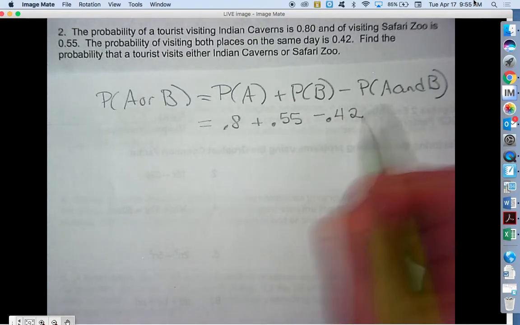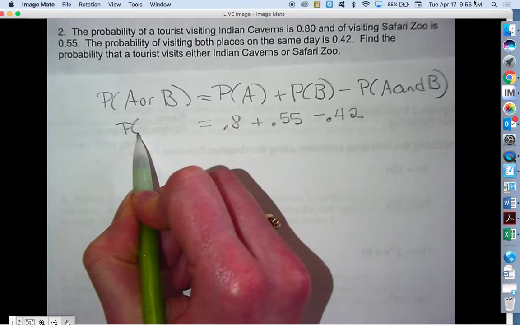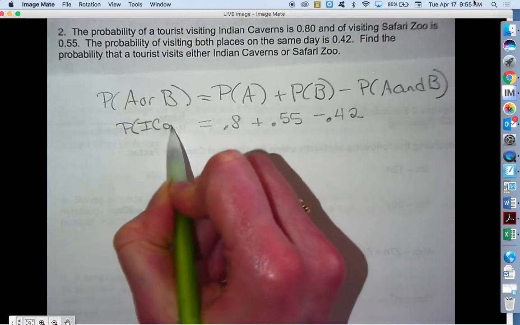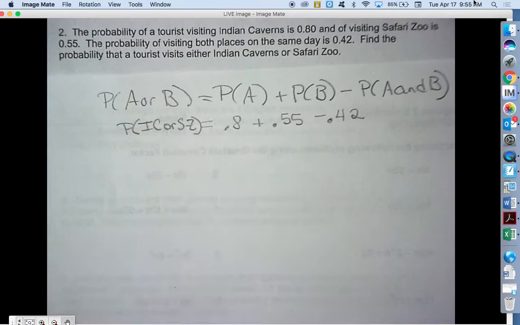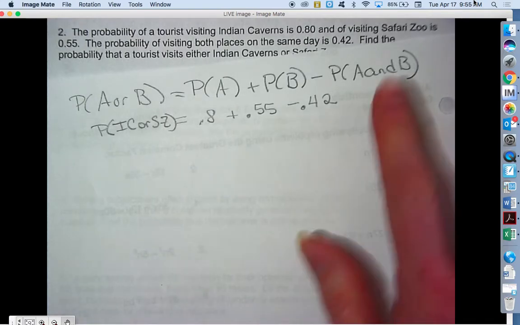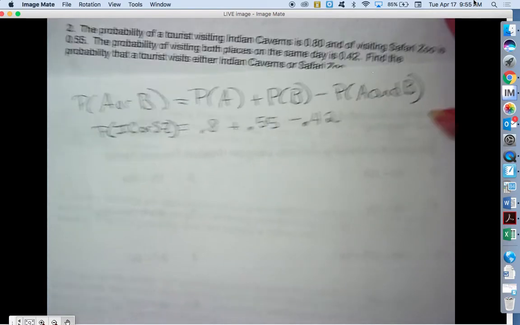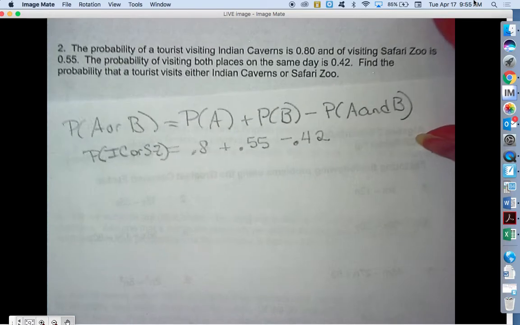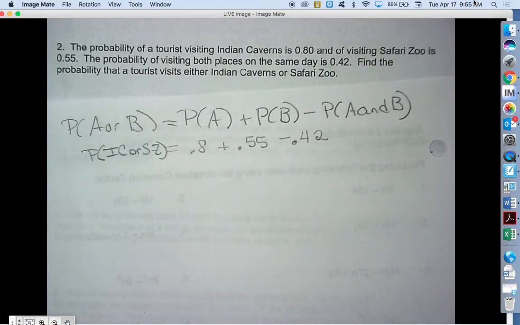Great. And in this case, we're looking for the Indian caverns or the Safari Zoo. So they're giving you the probability calculated as a decimal. So 0.8, you could think of that as like 8/10 or 80/100. So it's just written as a decimal instead of being a numerical value out of a total number. They're not telling us the total number of people.